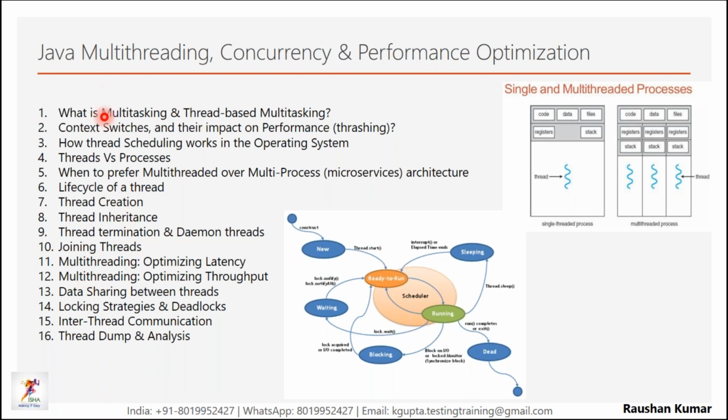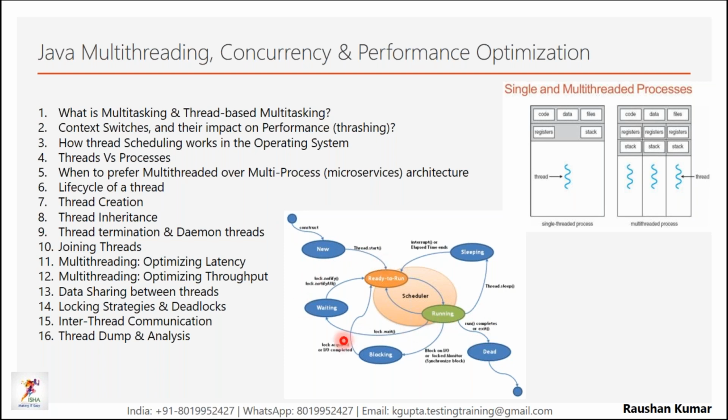So we will go from the very basics. What is multitasking, thread-based multitasking, context switching, the impact on performance, thread scheduling, how it works in the operating system, threads and processes, life cycle of a thread. This is basically the life cycle of a thread here. You can see new, ready to run, running, dead.